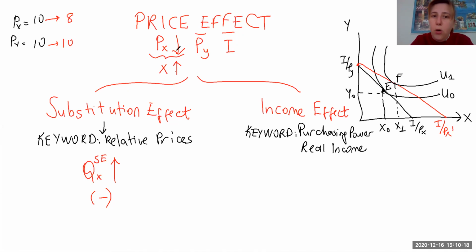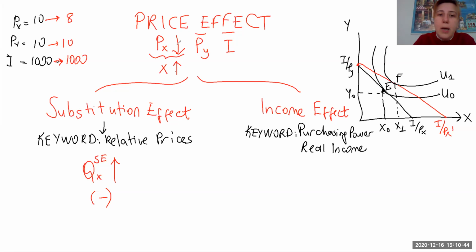When the price of X is going down, it's getting cheaper. Although there is no change in the income of the consumer, suppose that the income of the consumer was 1,000 Turkish lira and it's still 1,000 Turkish lira, no change in the income. But the purchasing power of this 1,000 Turkish lira is increasing.